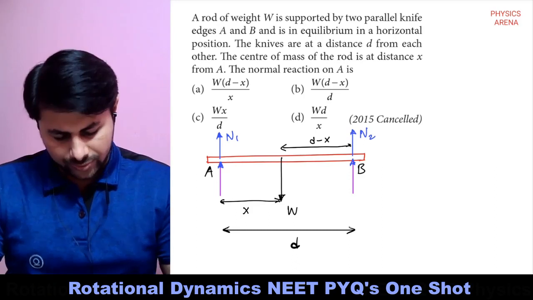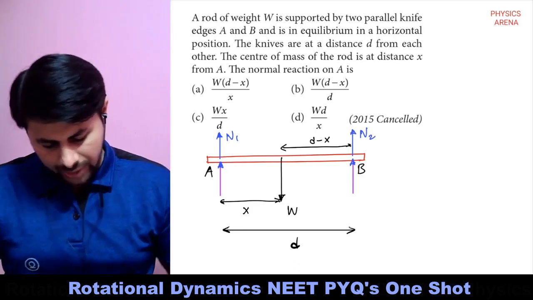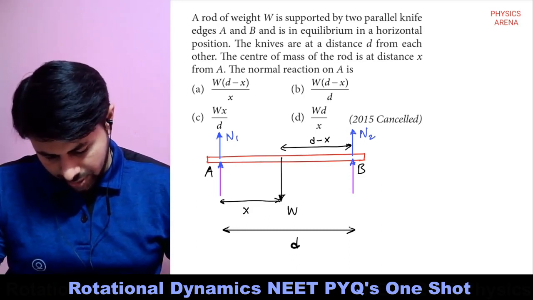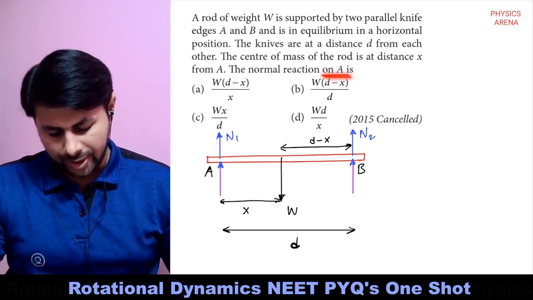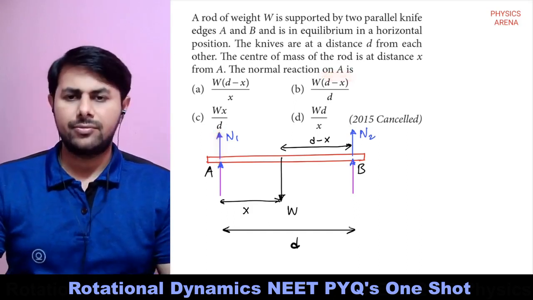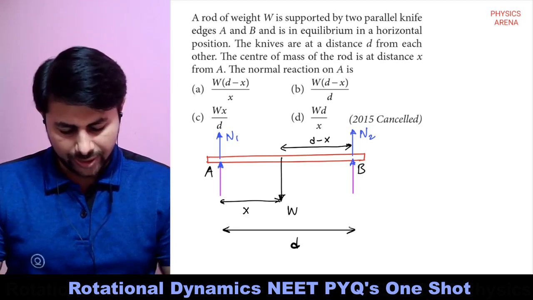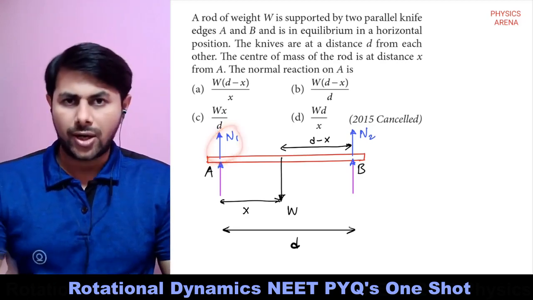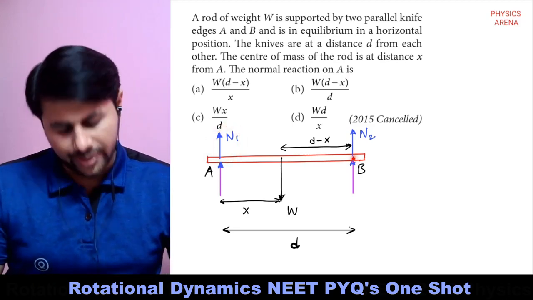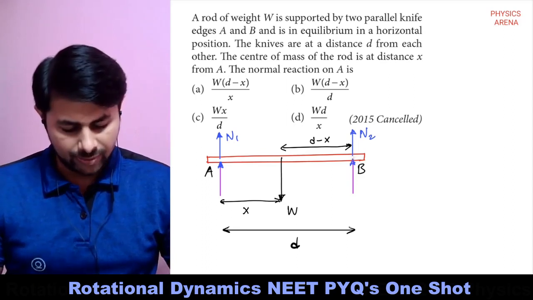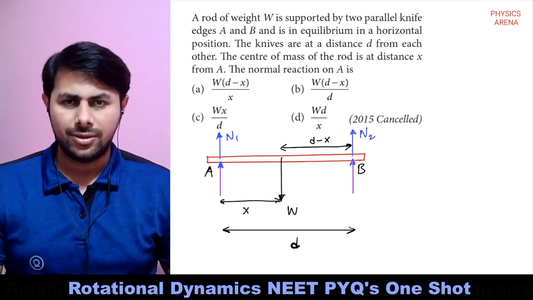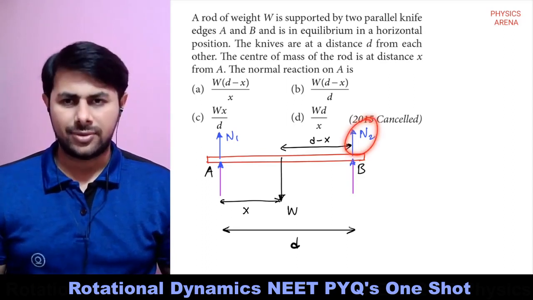Okay, so now we have to find out the normal reaction on A. So we want to find out N1. Now the short trick here is to take moments of forces about the second point because we don't need N2, right?